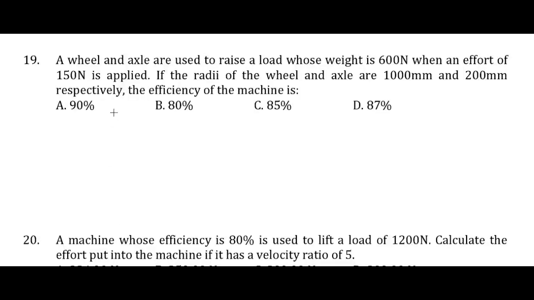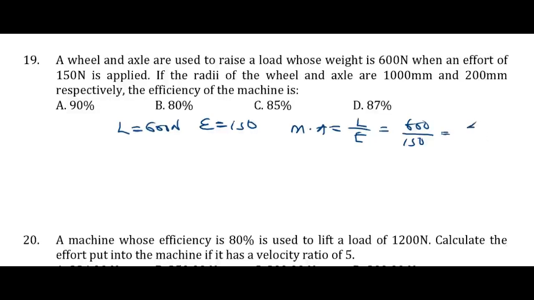The first thing is your load is 600 Newton and your effort is 150 Newton. With this, you can get your mechanical advantage, which is load over effort. 600 divided by 150 gives 4. So your mechanical advantage is 4.